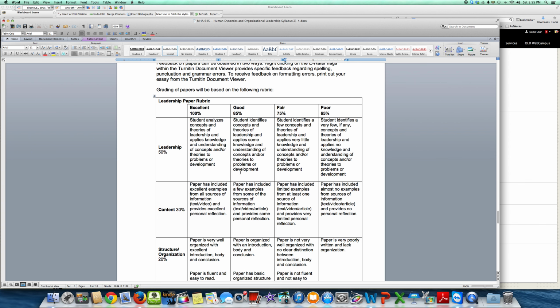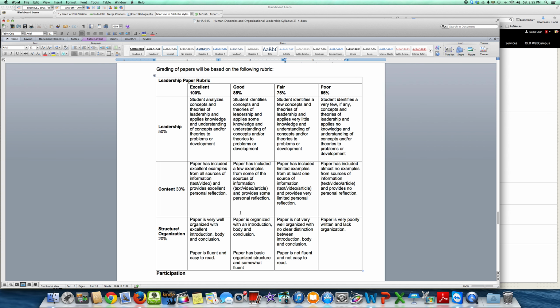In terms of the expectations relative to grading with these leadership papers, please make sure that you read through and really understand the rubric before you write the paper, because I'm really into writing. Let's put it that way.